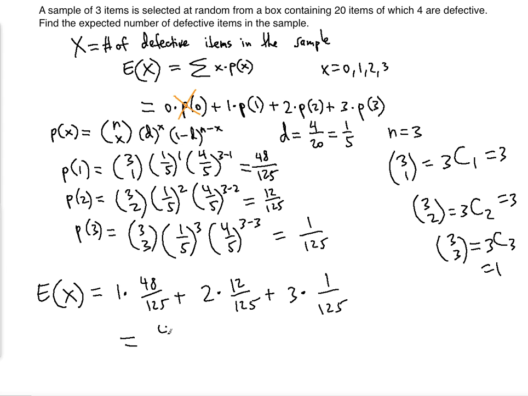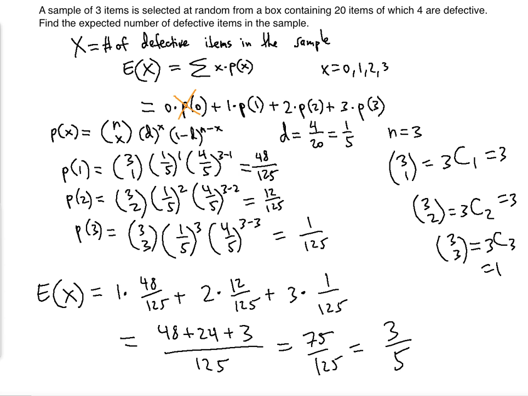That is 48 plus 24 plus 3 over 125, which is equal to 75 out of 125. And that's equal to 3/5. That's your desired expected number of defective items in the sample.